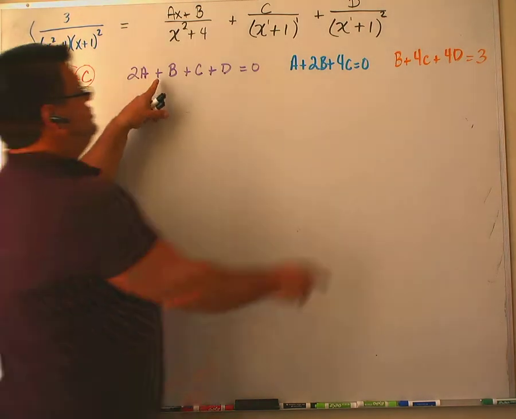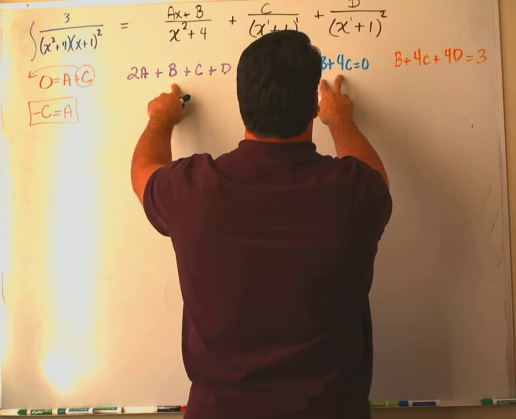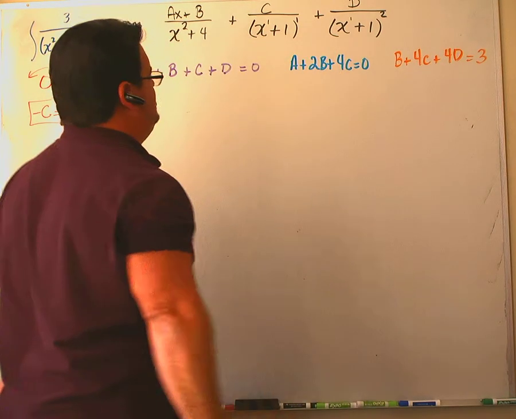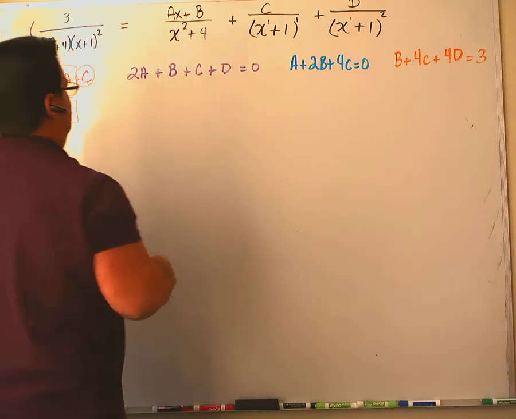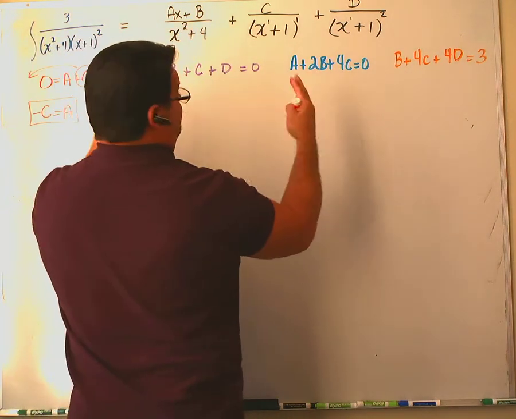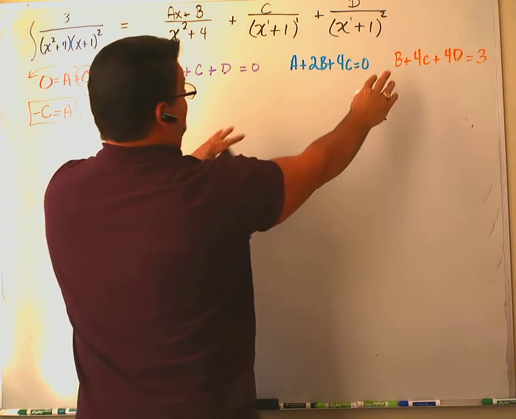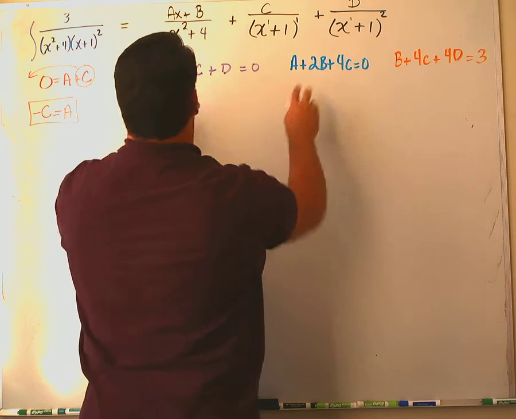Use these two and see if we can use process of elimination, or systems of equations elimination, to see if we can get something to happen here. You could pick these two over here, but I think you might see it better if you work with these two.